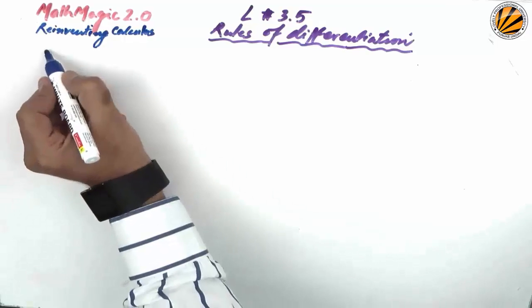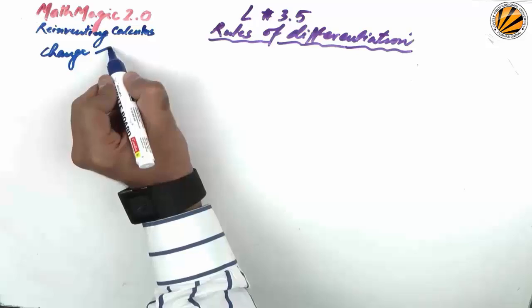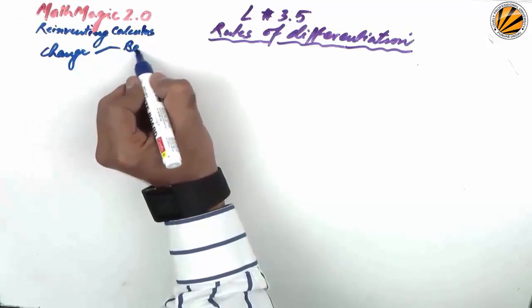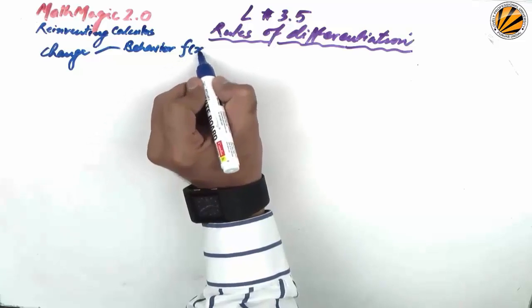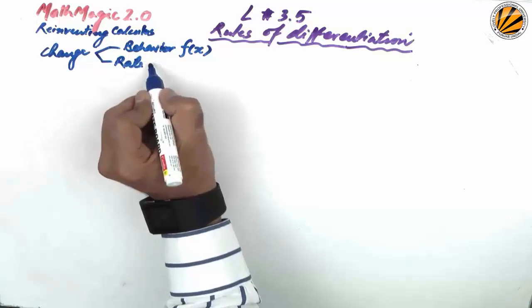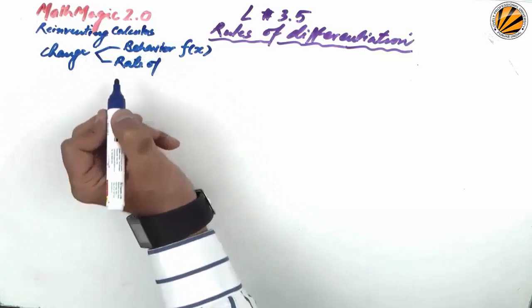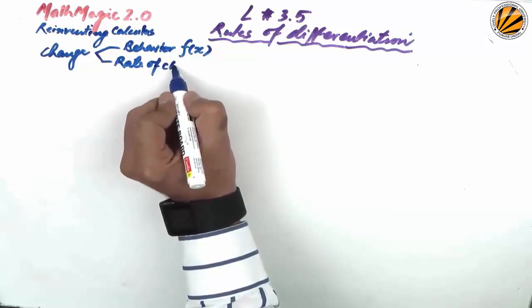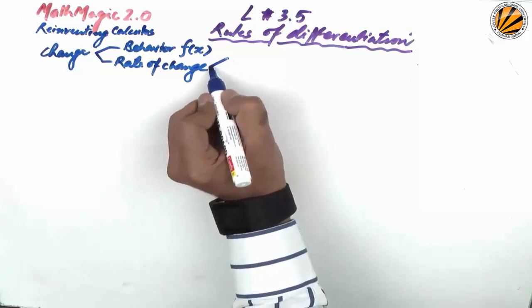So we know that when we talk about change, we have got the behavior. When we talk about this behavior that is depicted by the function, then comes the rate of change. Change has behavior as well as a rate of change, and this rate of change has two facets.